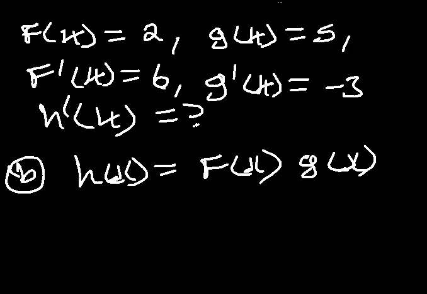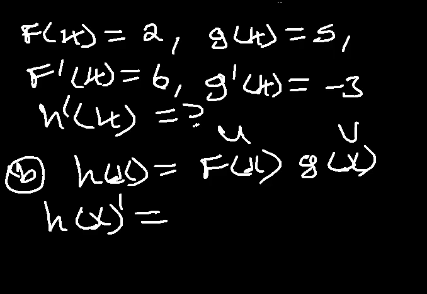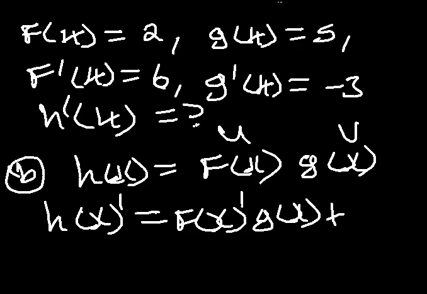So h of x prime is given, using the product rule, as u prime, that will be f of x prime, times g of x, plus g of x prime times f of x. That will be that.